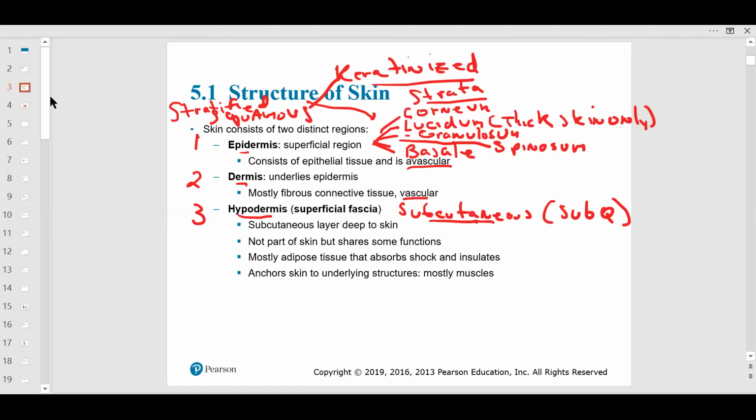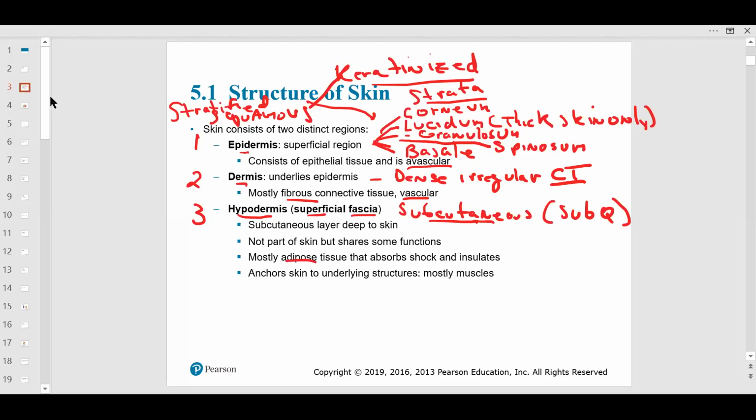Dermis is vascular. Mostly fibrous connective tissue, which is dense irregular connective tissue, not cartilage, connective tissue. The subq, also known as the hypodermis, and sometimes called the superficial fascia that connects things, is mostly adipose.